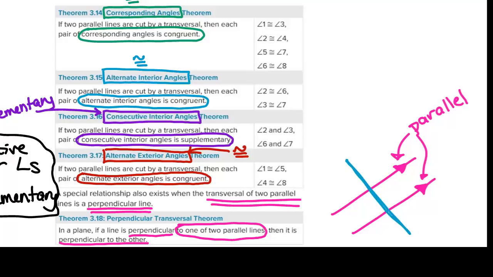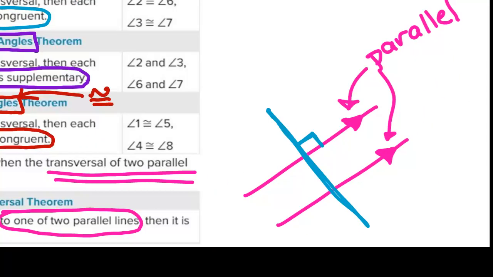If those are cut by a transversal and it's perpendicular to one of those parallel lines, then you are guaranteed that it is automatically perpendicular to the other parallel line. So if I have 2 or more parallel lines and a transversal that cuts them that is perpendicular to one of my parallels, it will be perpendicular to all of the parallels.